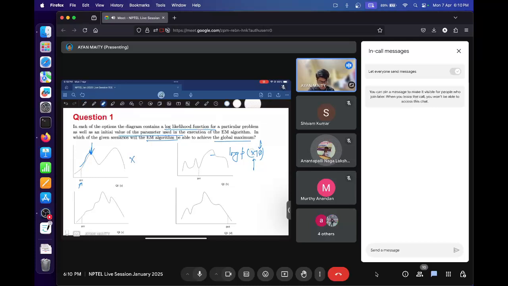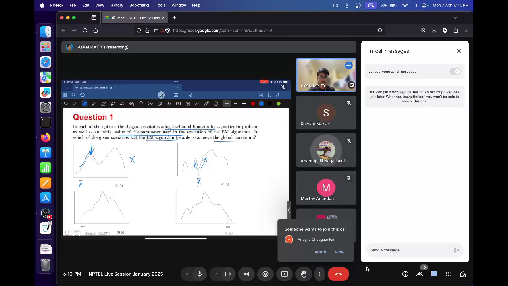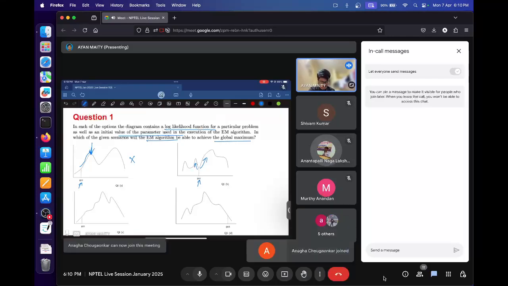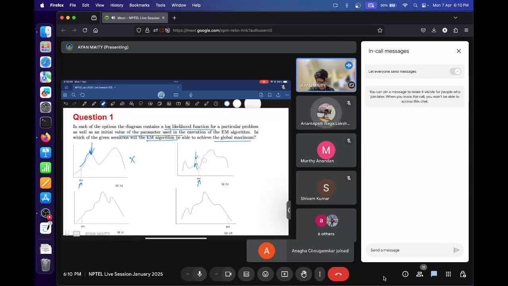In the second case, this is the starting value of the parameters theta. The EM algorithm might search this way first or this way first. If it goes to the left hand side, it will reach this local maximum point. But if it searches the right hand side, it will be able to reach this global maximum point.